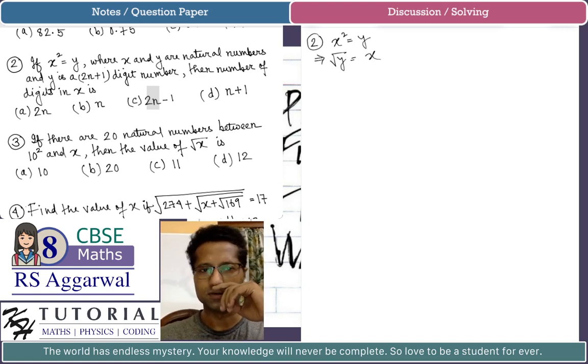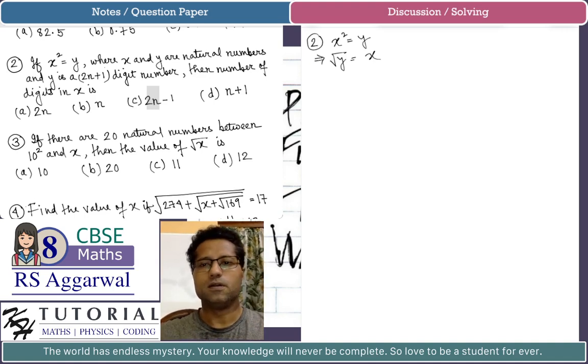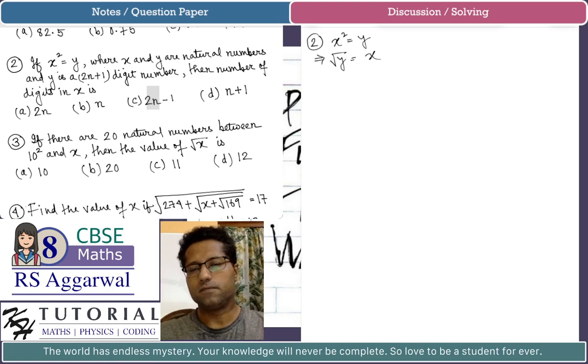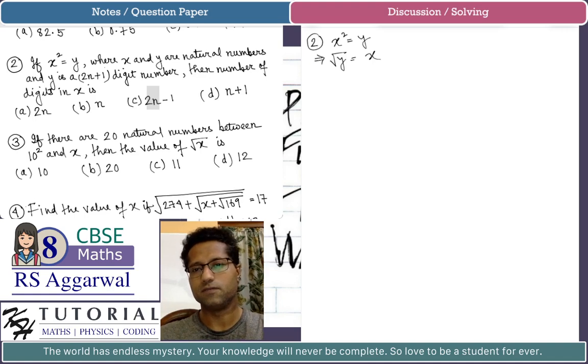Nothing is said about n. n should be a natural number. Now for a perfect square, we know some property about the number of digits of a perfect square and the number of digits of its square root. So in this case, the perfect square number is y, and its square root is x.